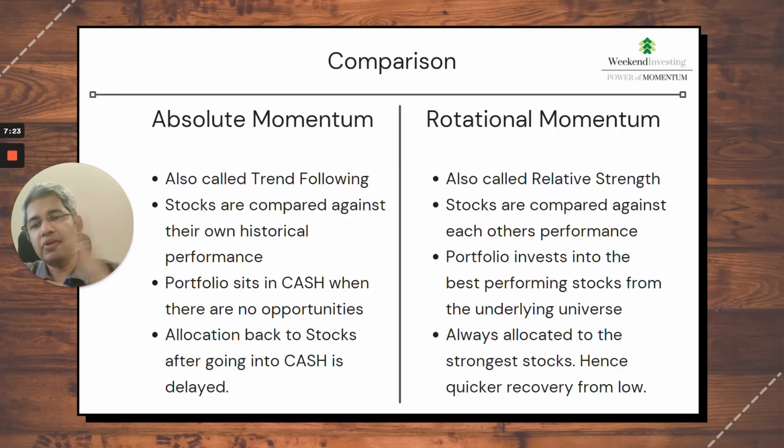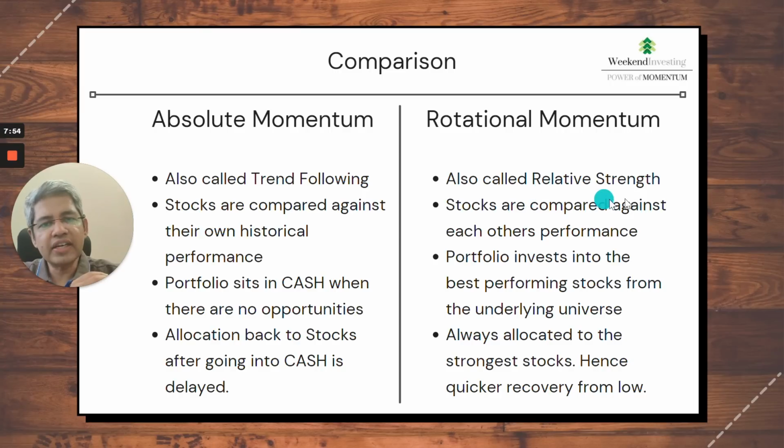You are looking backwards, and it may take time, or it may take some stocks moving up considerably to even start coming into your ranking filters. So absolute momentum will basically get delayed in picking up the trends once the market has started to move up. Now in rotational momentum or relative momentum, it does not happen that way.